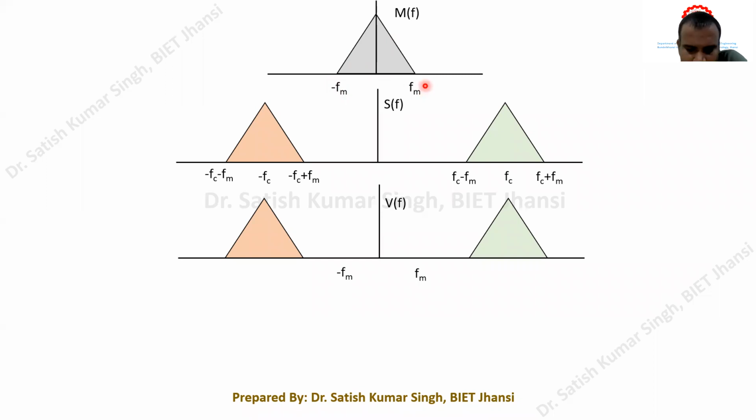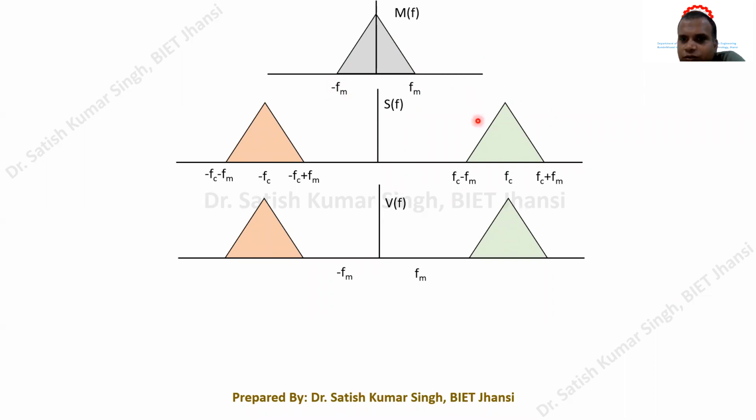To generate the DSBSC signal, we take this message signal and multiply it with an appropriate carrier fc. Then this spectrum is shifted around the carrier frequency fc, and around minus fc, and we observe this type of spectrum.